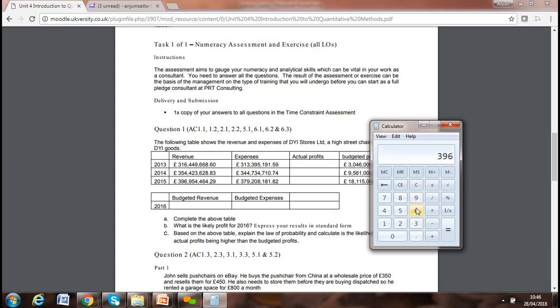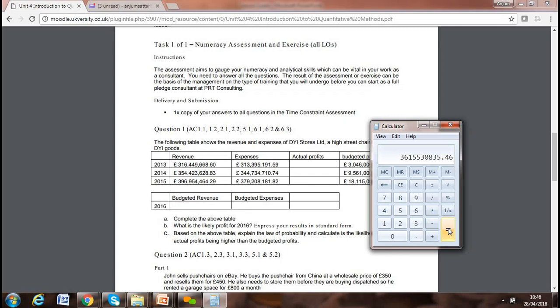So we're looking at the current year, which was 2015, 3,954,464.29, and minus your base year, 354,423,628.83.